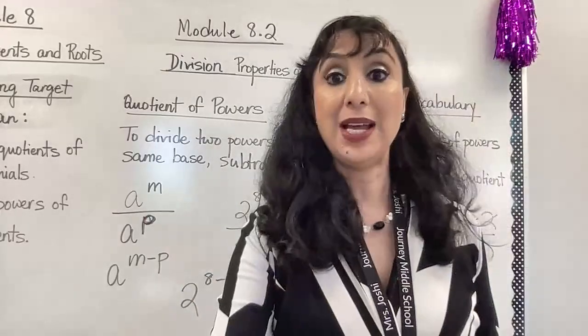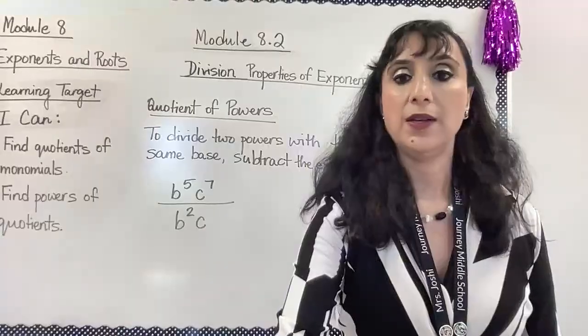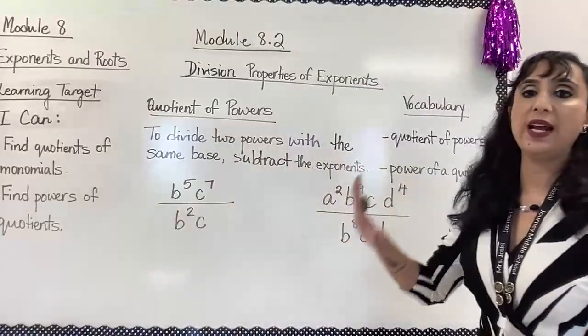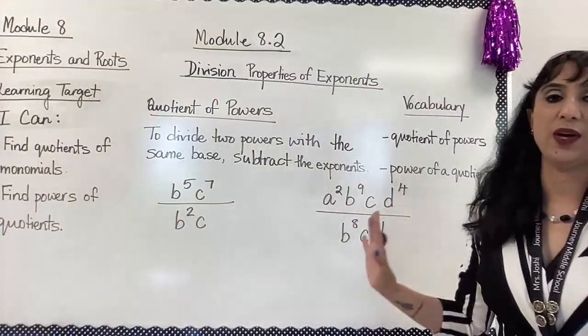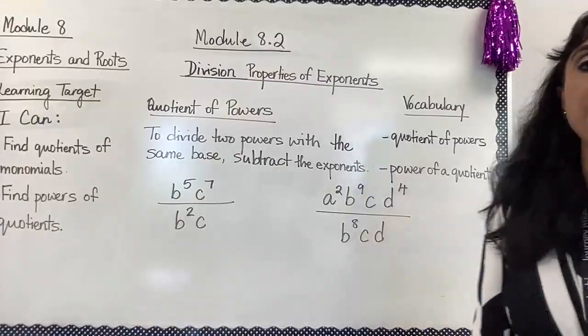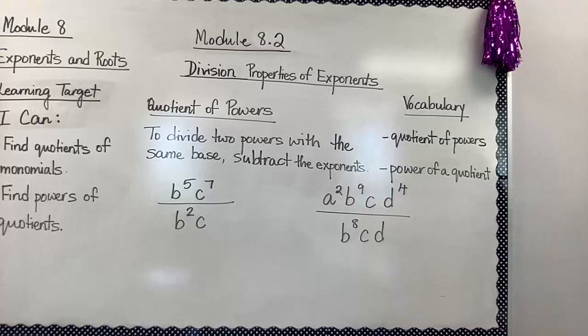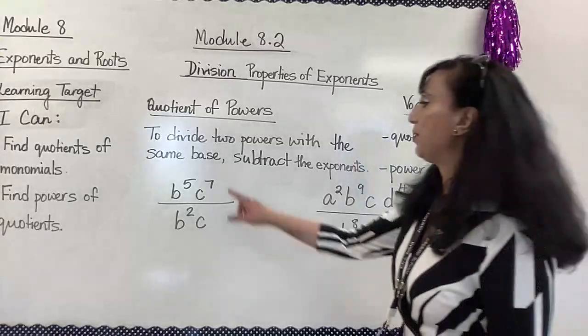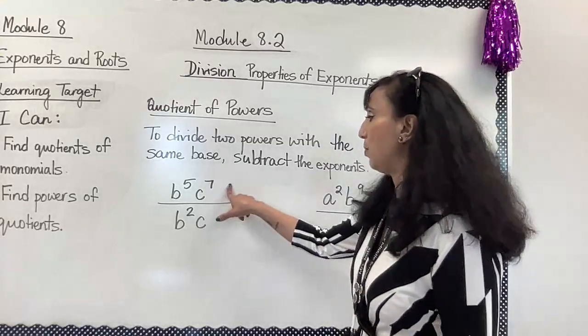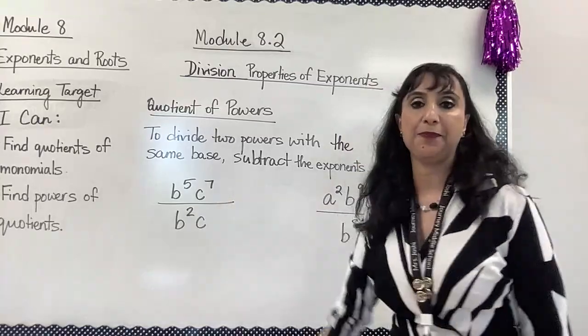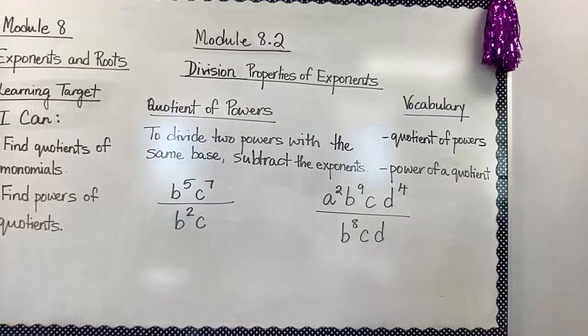Okay, so let's do some problems now. So here are 2 problems that I have put on the board and we are going to work out each of them. So if I look at the first one, it's saying b to the 5th power c to the 7th power divided by b squared c. So the first thing that I want to do, I'm going to use the quotient of powers property.